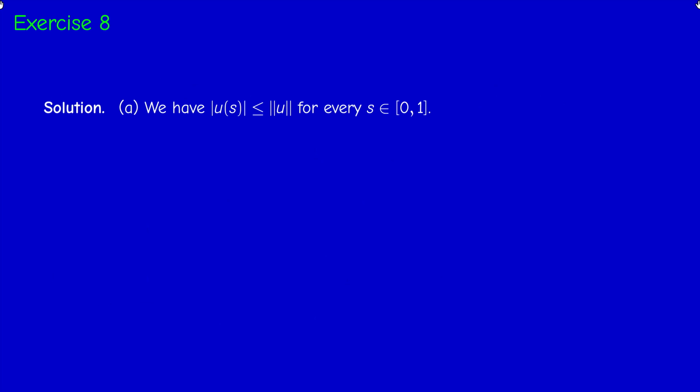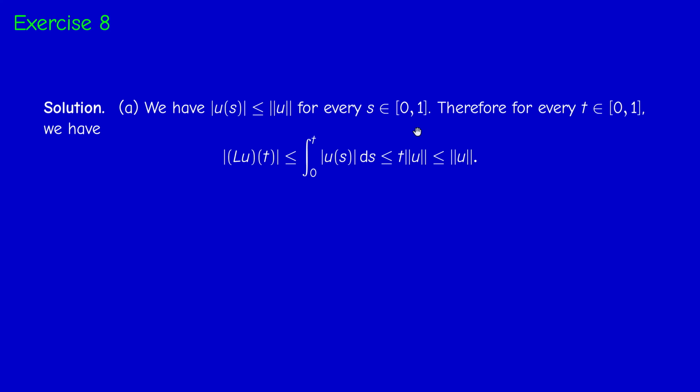First of all, since we are taking the maximum norm, we could write norm infinity to be precise, but since we don't have any other norm, just write the norm. So this is the maximum, so it's bigger or equal than the absolute value of u(s) for every s in 0, 1, and therefore I can integrate from 0 to t.